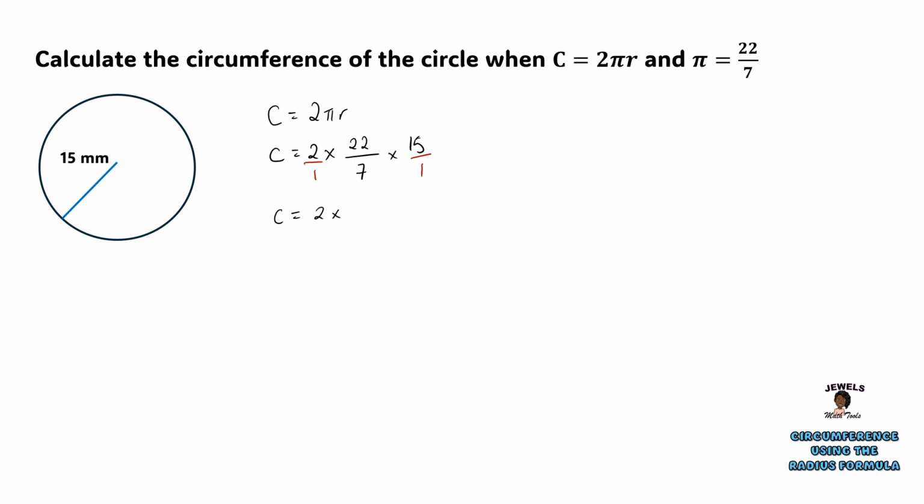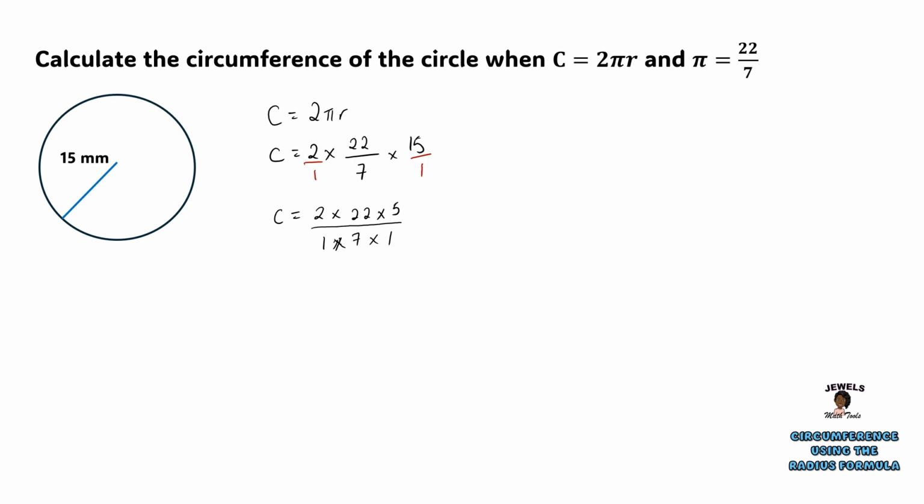So that's 2 times 22 times 15. And since I included the 1 in this case, I will include that in my multiplication. But if you didn't, remember that your denominator will just remain as 7. So you won't have to write in the 1 times 7. You just replace your 7.